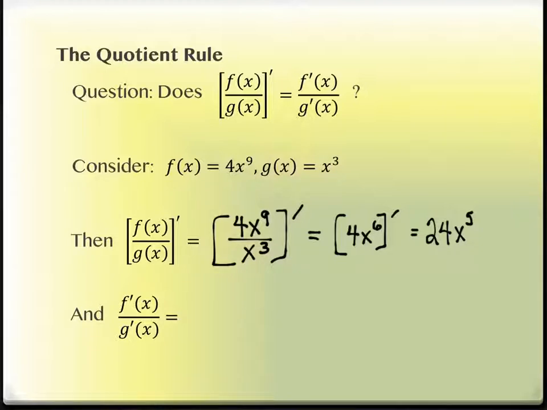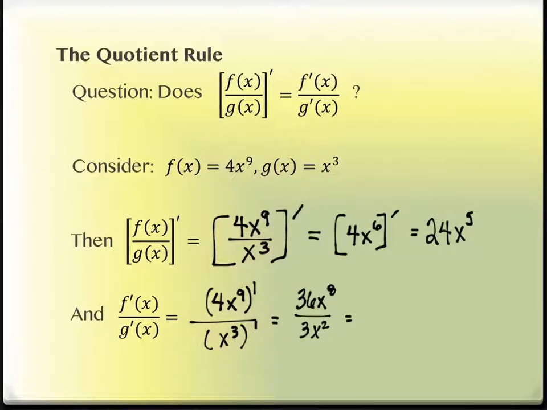So let's see what it would look like if I had taken the derivatives separately and then divided. So I have 4x to the 9th, and I'm going to take its derivative. And I have x cubed, and I'm going to take its derivative. So what's the derivative of 4x to the 9th? We did this a minute ago. 36x to the 8th. And then the derivative of x cubed was 3x squared.